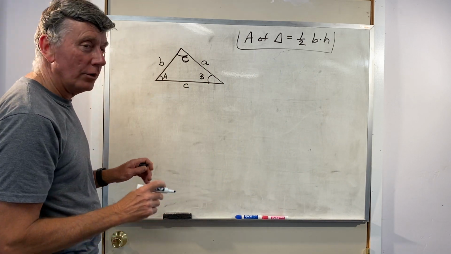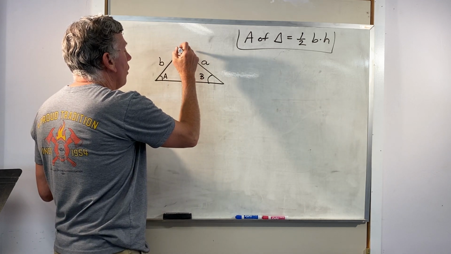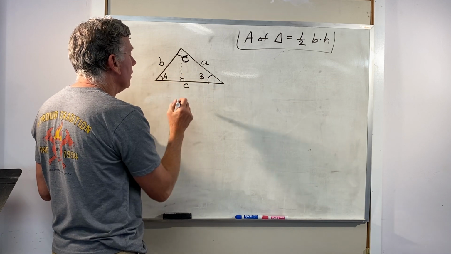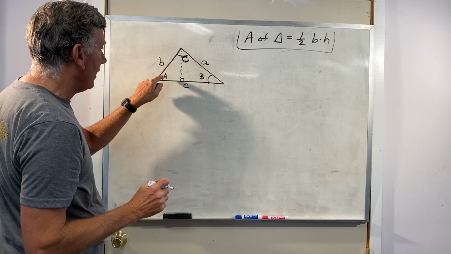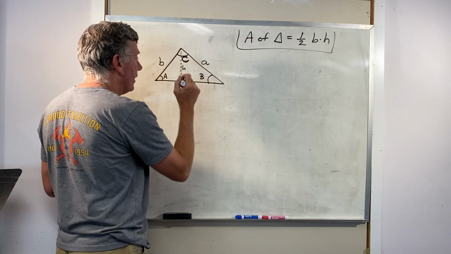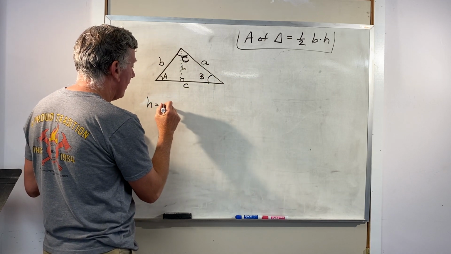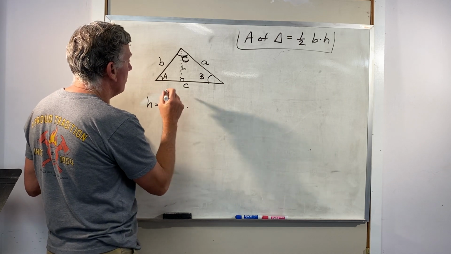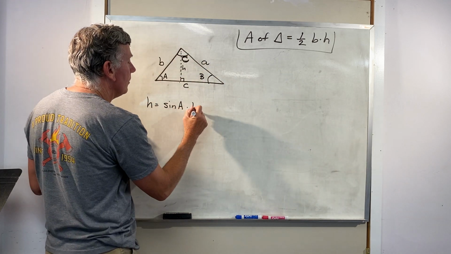And what we're going to do is draw the vertical line going down and making a right angle. And I can talk about the sine of this, and this height here, we're going to call it h for now, but h is going to equal the sine of the angle A times the hypotenuse of that angle, which is b.